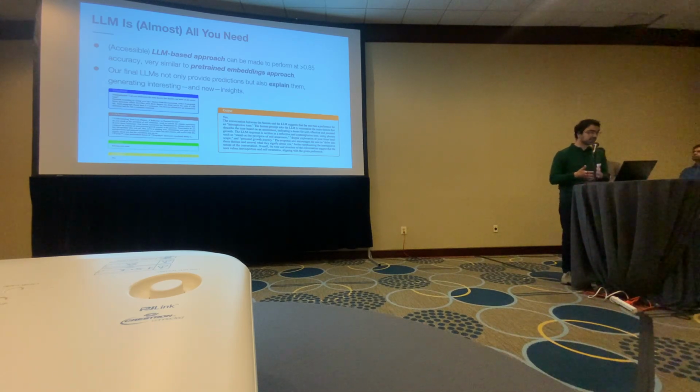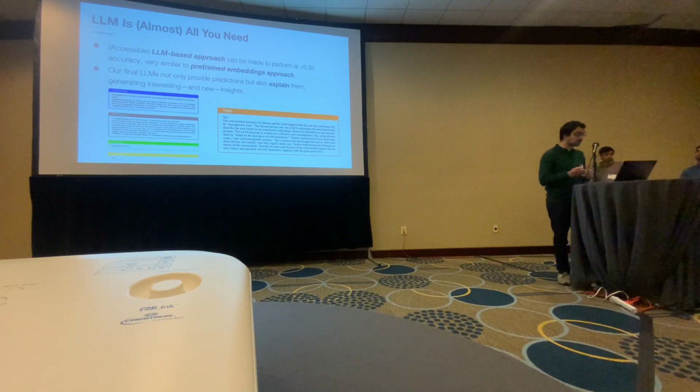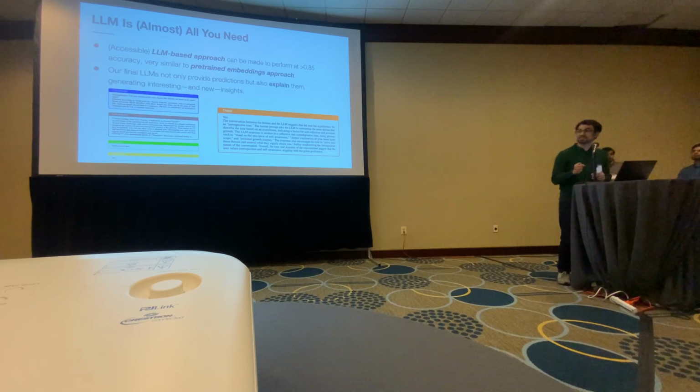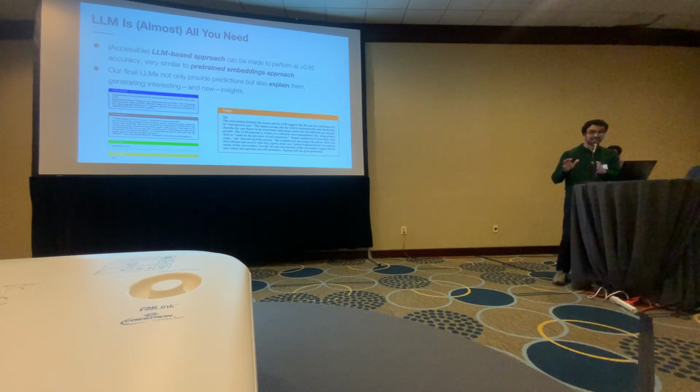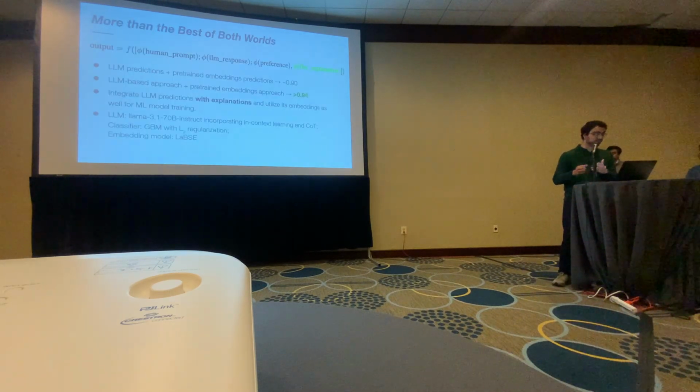So can we combine the two? What we learn is that we can combine the two, but we can do even better, because LLMs are not just providing this output, a binary prediction, and we can combine them in a stacking sort of arrangement. It also helps with explanation for why it is making a prediction. And this explanation is kind of a new sort of data that we are ending up with.